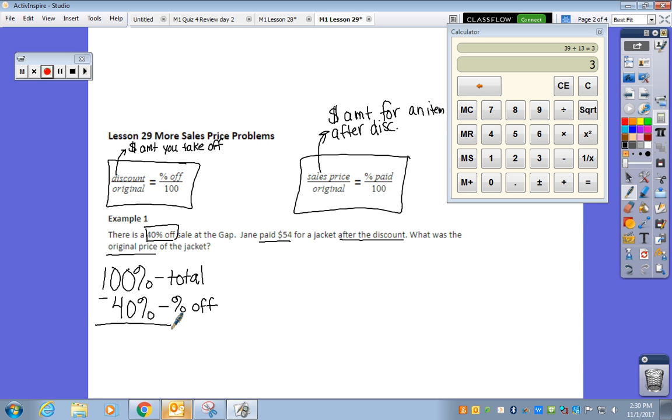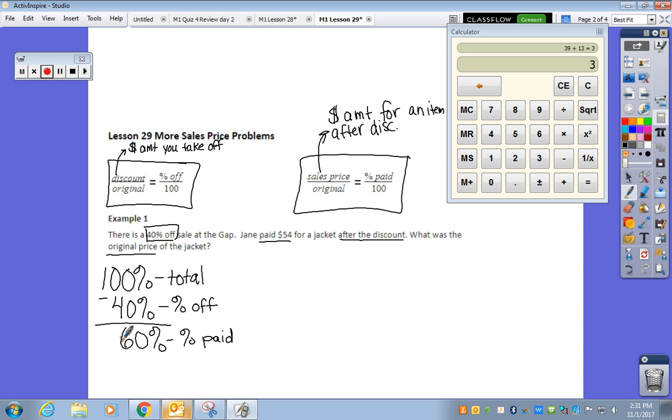And what's left over is going to be the percent that we're paying, or the percent paid. Okay, so these problems require us to subtract. So we're going to use the 60% paid along with the sales price, or the amount paid after the discount, to help us find the original price.